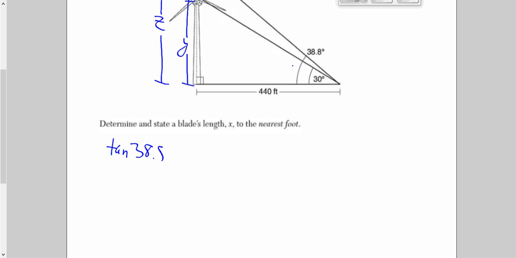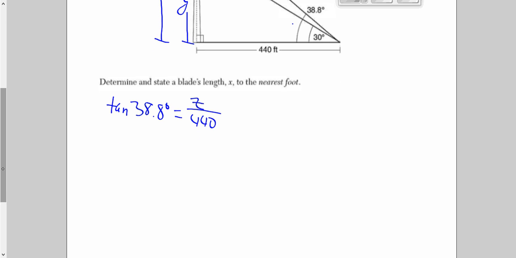Tangent of 38.8 equals Z over 440. So Z is 440 tan of 38.8. So the Z, as I have it labeled, is 353.769, right?